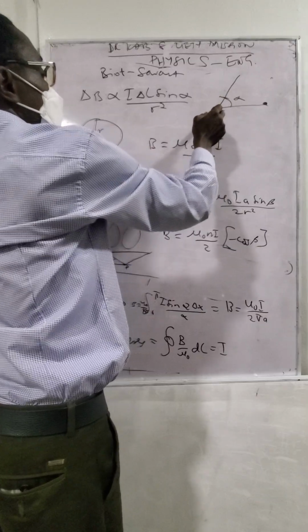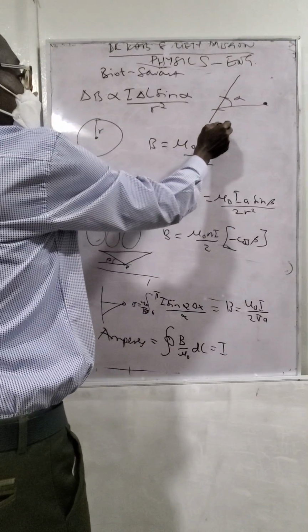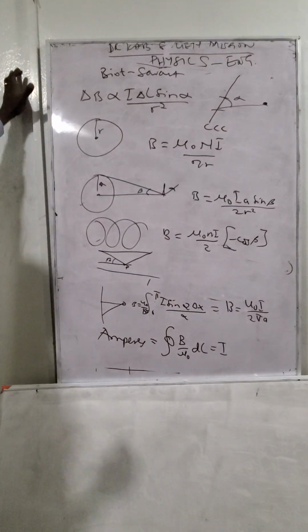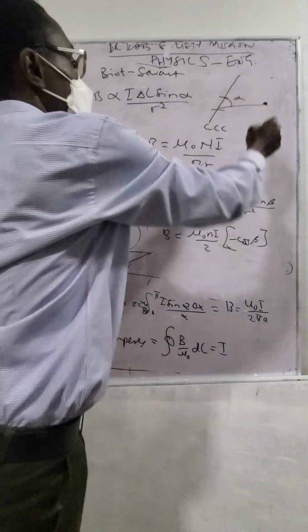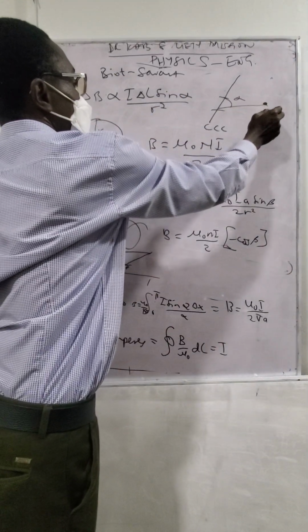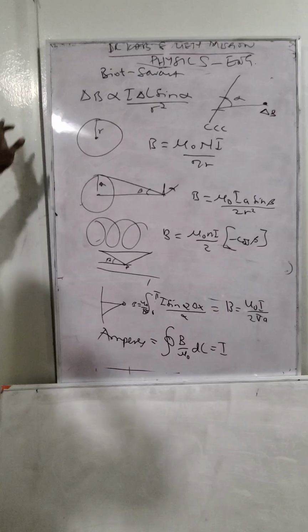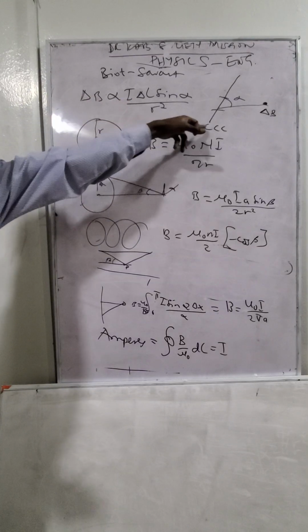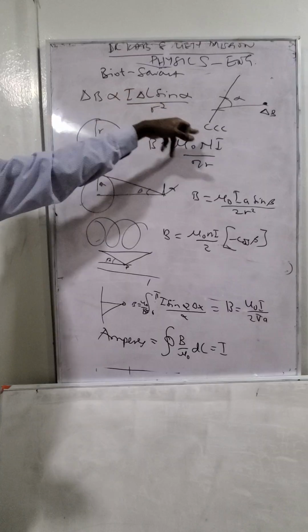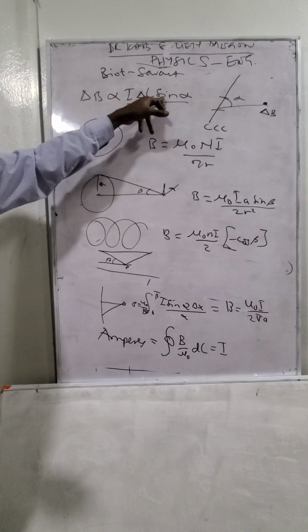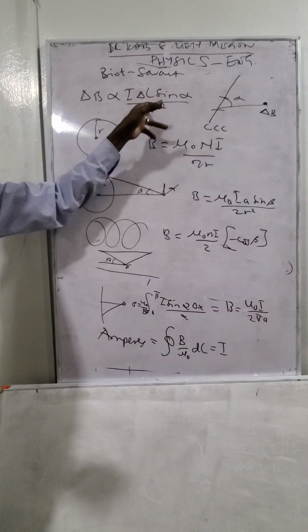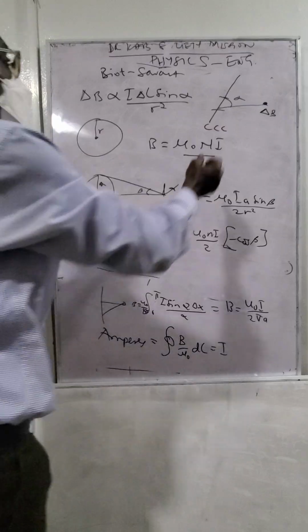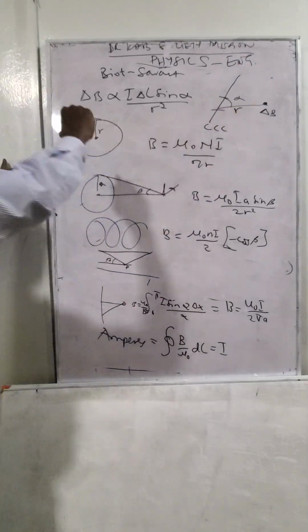Okay, here's the current conductor. So it has a field effect here. It has a field effect here. Change in B. Now the relationship: change in B is proportional to the current that is flowing through this, the length of that, and then the sine of the angle. And of course, inversely proportional to the distance, which is R, between the 2 points.